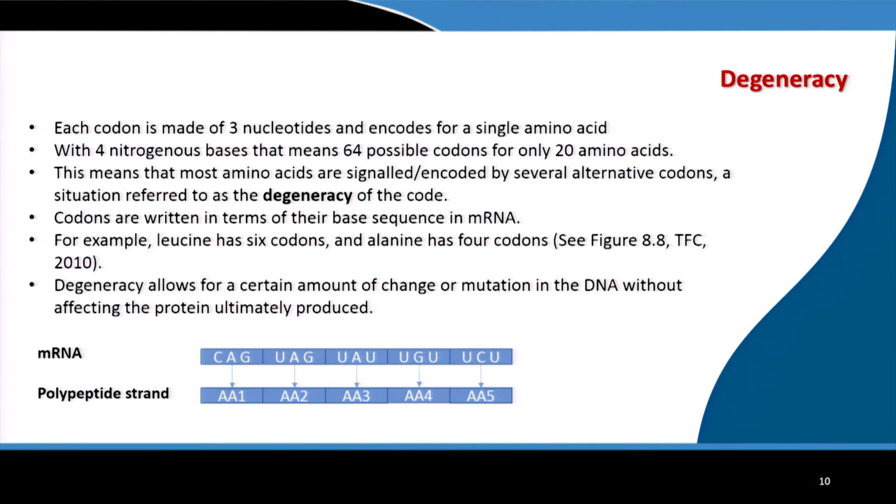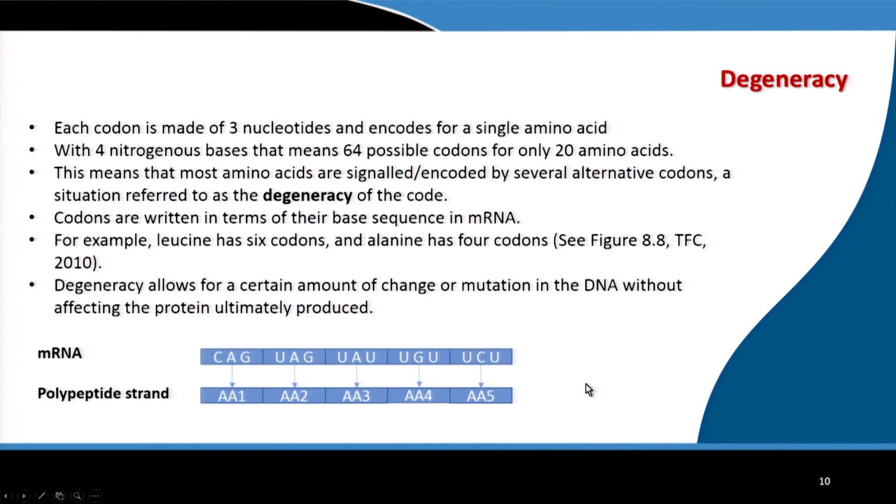So how does all this happen, and what happens when either the DNA or any of the subsequent molecules gets damaged? Now, nature has built-in defenses, and it doesn't allow just one thing to be made in only one way. So there is what is called degeneracy in the code.